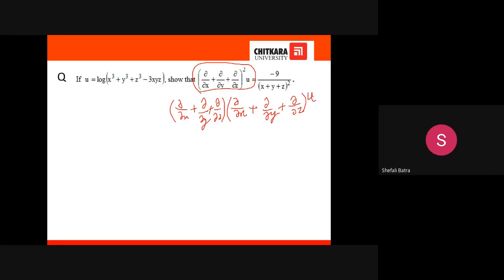Just to make it easy, either you can open this square or you can write it two times. So I'm writing it two times just for the sake of evaluation.